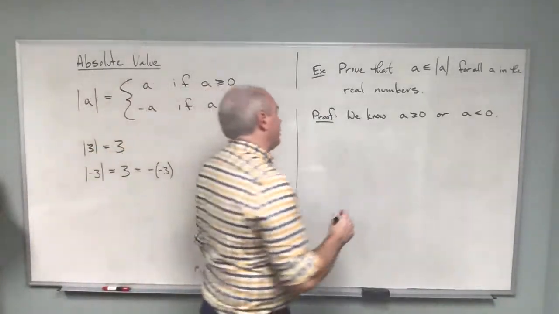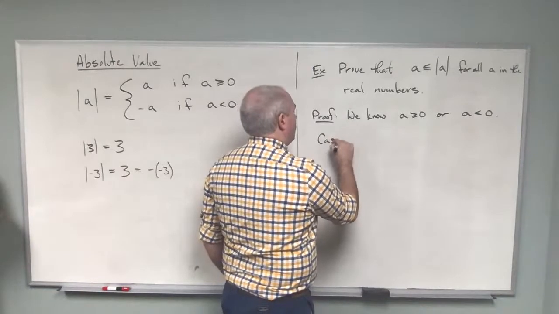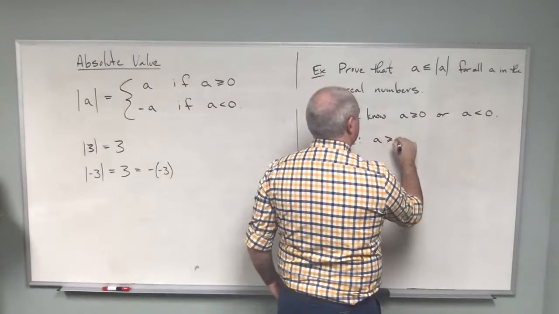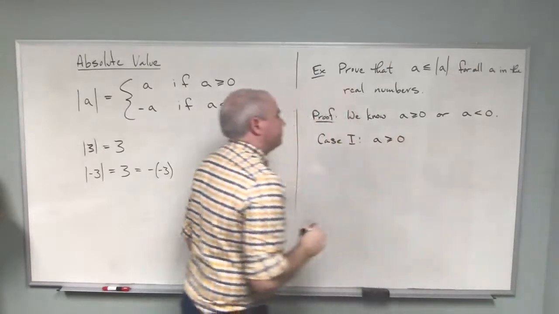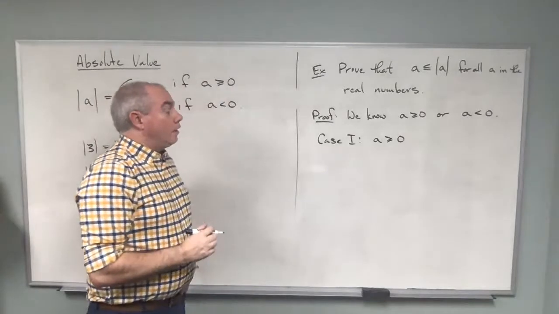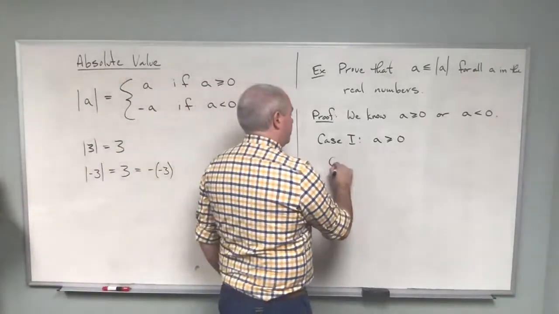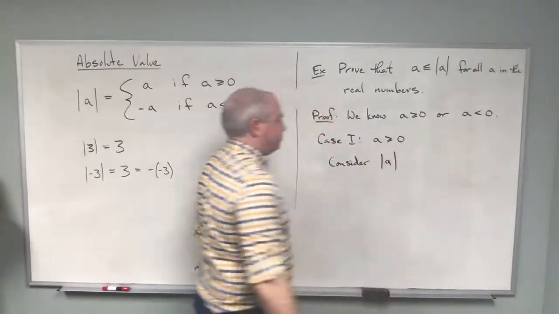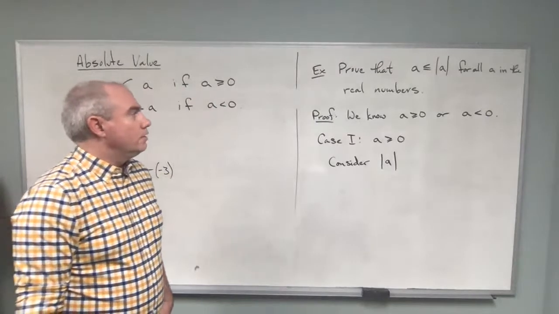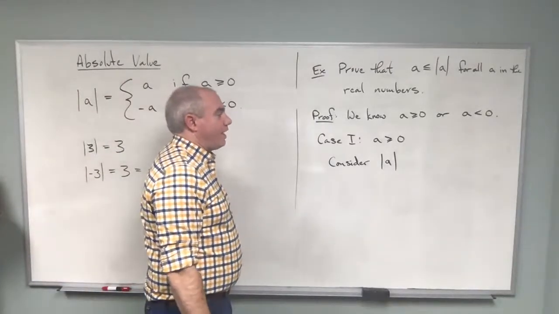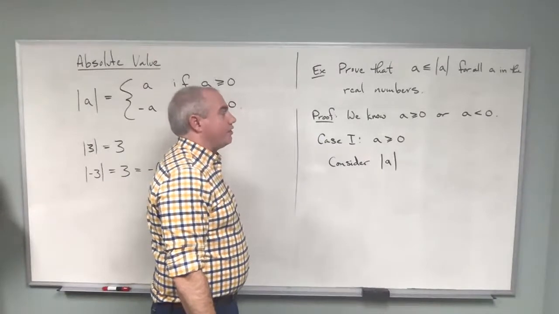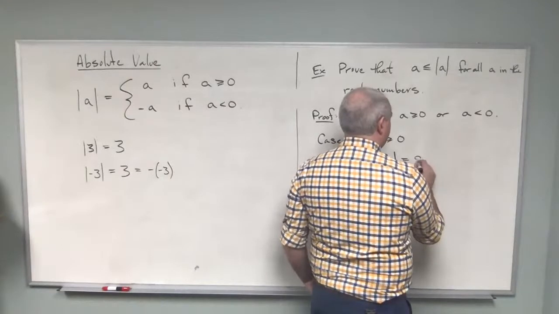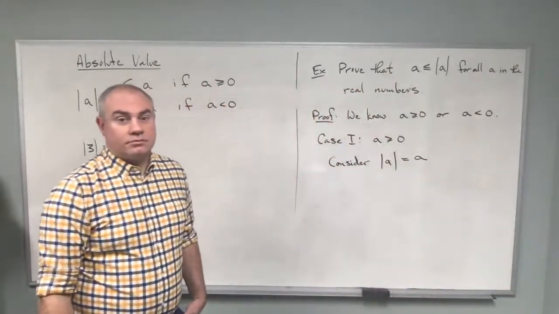So let's start with case 1 and say that A is greater than or equal to 0. Okay, then let's consider the absolute value of A. Well, what is the absolute value of A if A is greater than or equal to 0? The absolute value of A is A. Correct?